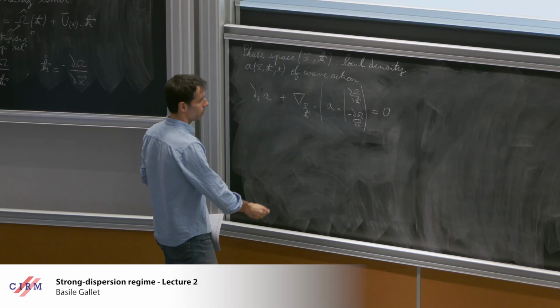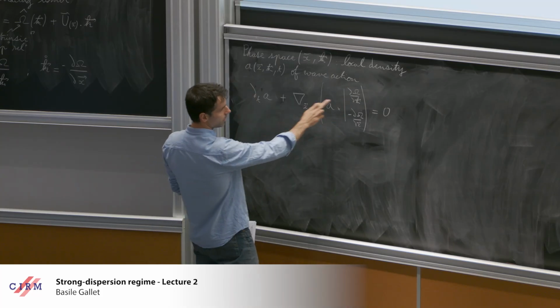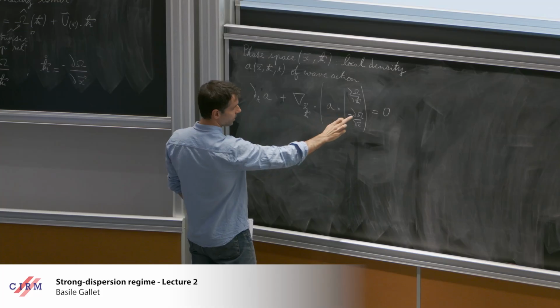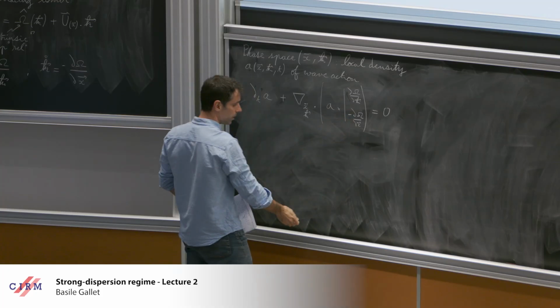But of course, this thing here is divergence free. If I take dx of this minus dk of plus dk of this with the minus, I get 0.